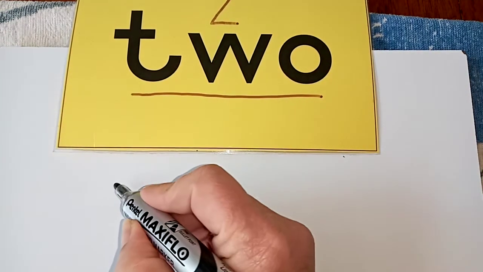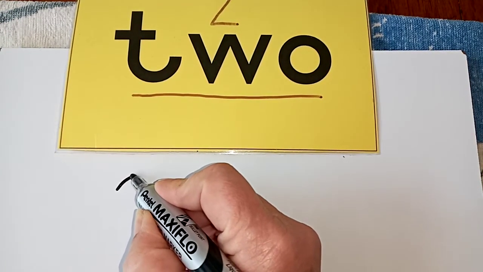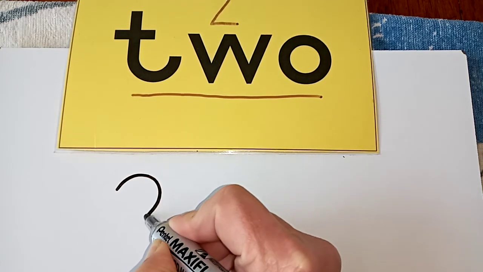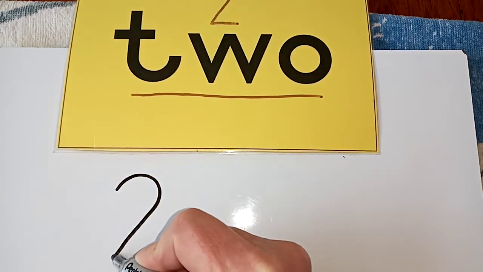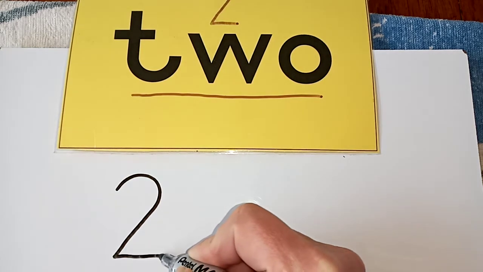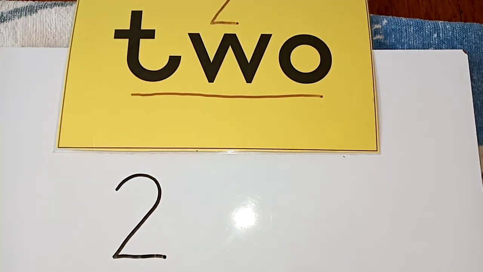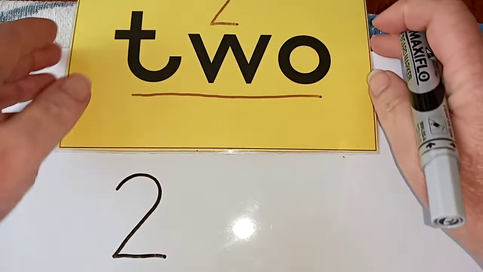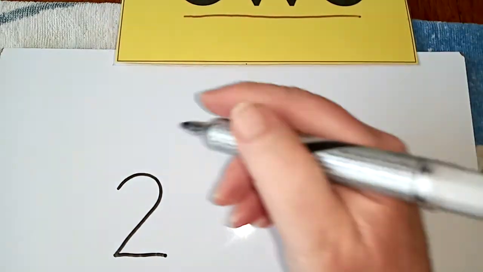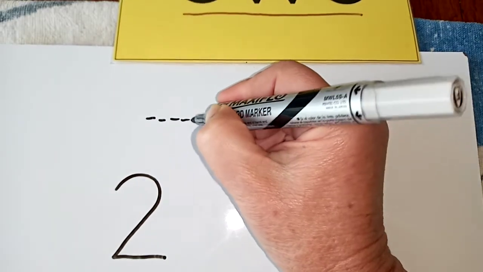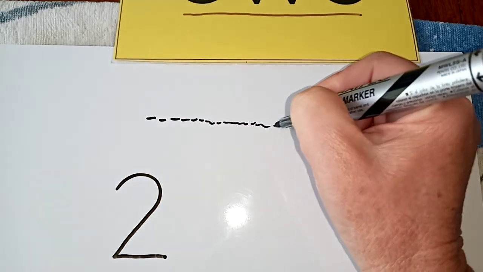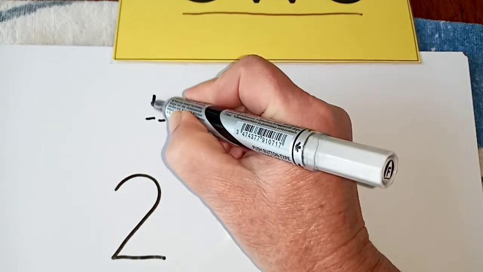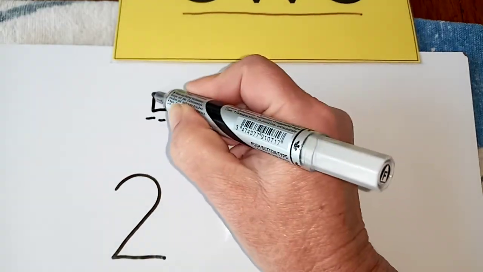Right, when we write 2, we start at the top, come around almost like half a heart, and then back. So if you think of a railway track with a little train, so here's the track, and a little train, a little engine.